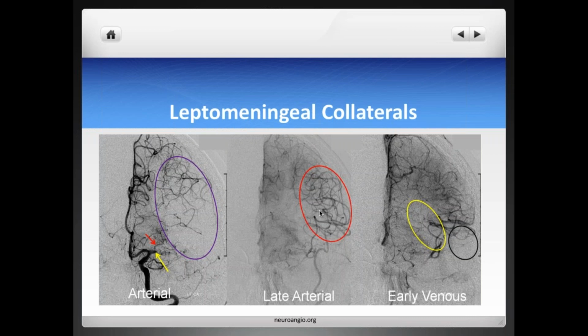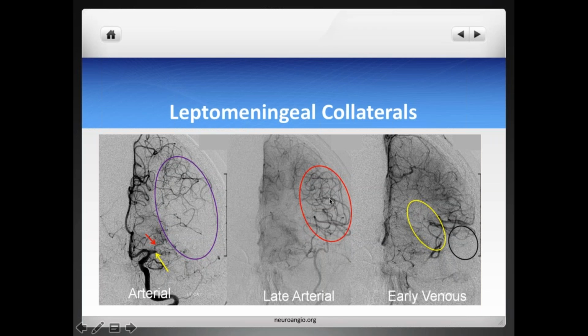In terms of the leptomeningeal collaterals, a lot of these PL vessels have very strong anastomoses in your brain that sometimes come from the anterior cerebral artery PL branches into the middle cerebral artery. As you can see here, this is an angiogram showing the arterial phase with a complete occlusion of the proximal M1 segment of the left middle cerebral artery.